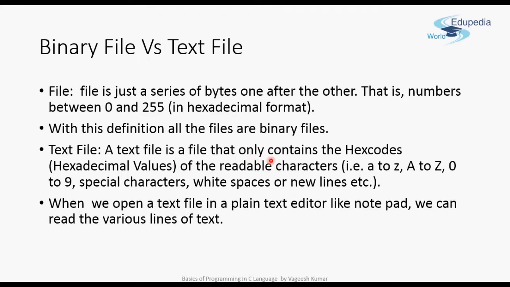We are just discussing that a text file is a file that contains only the hexadecimal codes, hexadecimal values of readable characters. So we have also discussed earlier that inside C language, the characters, that is small a to small z, capital A to capital Z, or 0 to 9, and even the special characters like comma, question mark, greater than sign, brackets, asterisk, all these are stored in terms of hexadecimal characters known as their ASCII values.